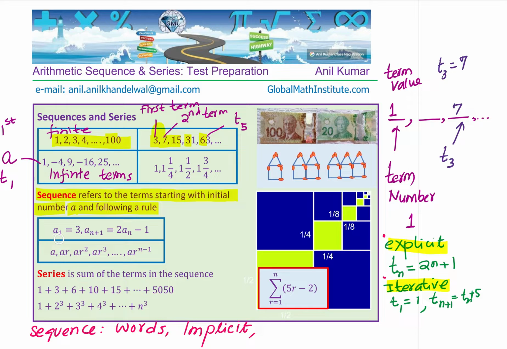We can say that the first term is 3 and the next term is twice the previous term minus 1. So when I use the terms Tn plus 1 and Tn, it means we are relating two consecutive terms. Do you see that? So at this stage, we are relating two terms which are consecutive terms.